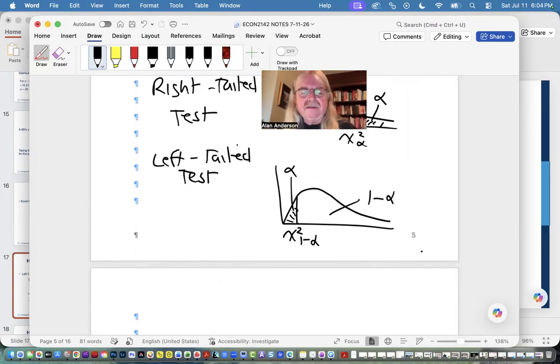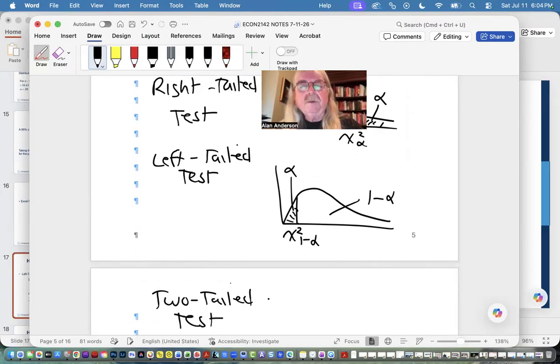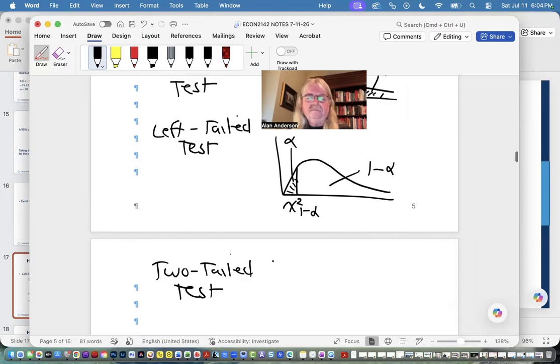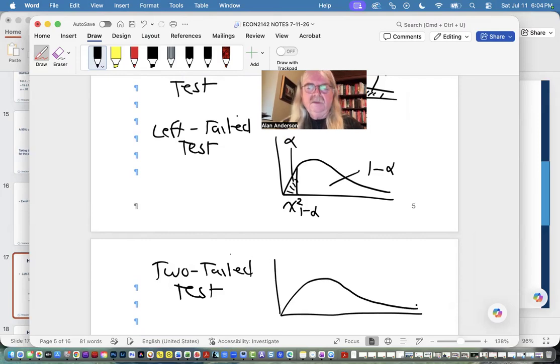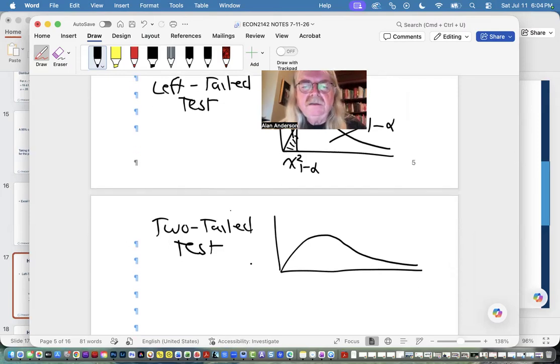And then the two-tailed test is what we were using for the confidence interval. We have two of them, and that's because this area is alpha over 2, as is this area.